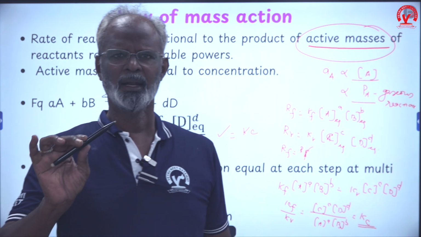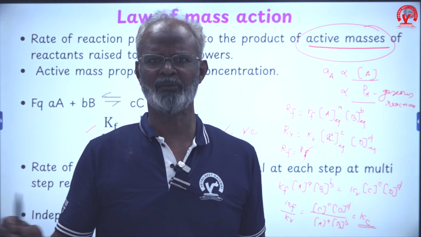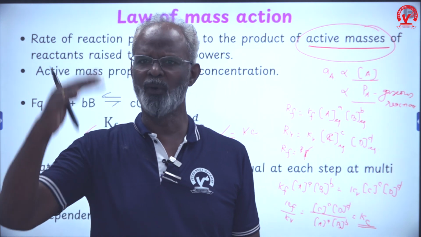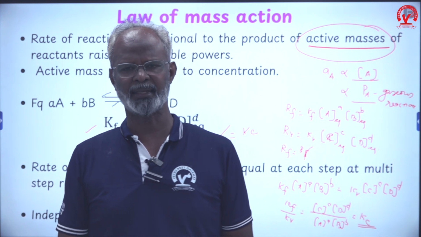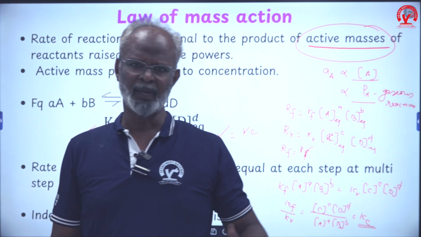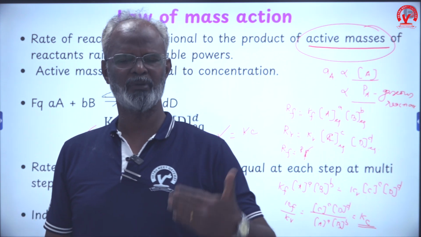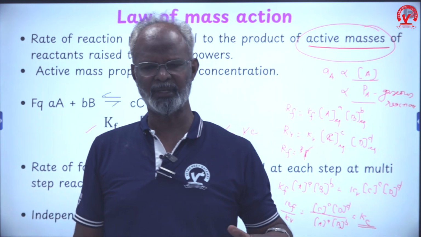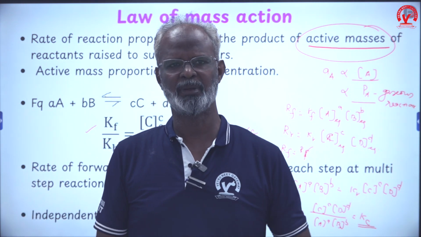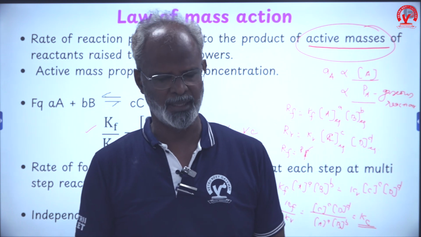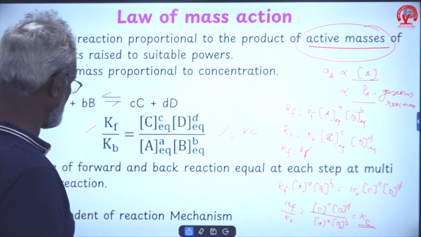So even for multi-step reactions where reversibility is there, the overall reaction can be taken as an equilibrium reaction, and this law can be applied, irrespective of the mechanism. Very important point to note.